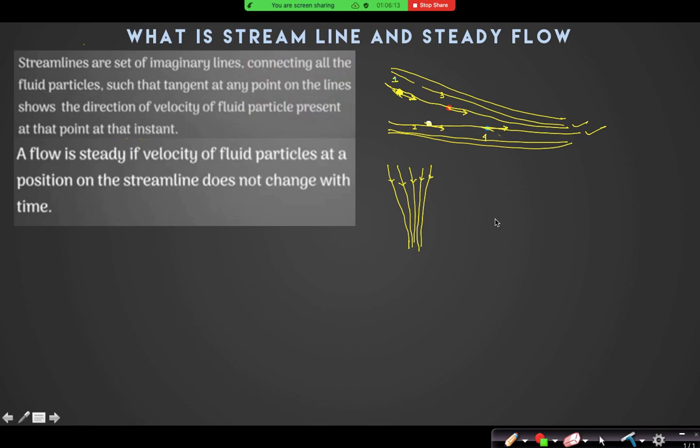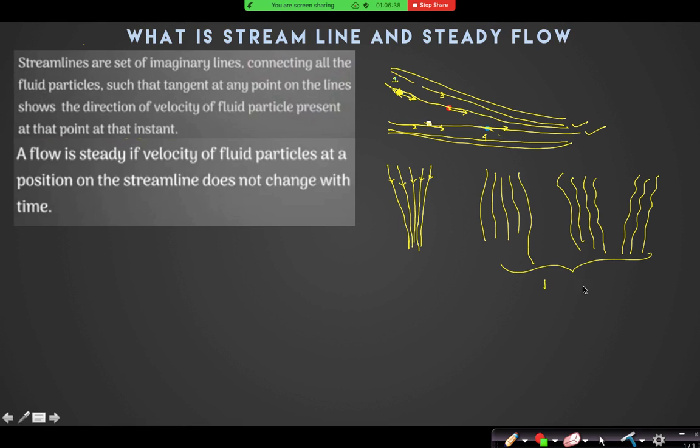But if it is a turbulent flow, you will find the shape of the streamlines at t equal to 0 maybe like this, and at some other time maybe like this. Some other time the shape of the streamlines may be like this. So these all are turbulent flow.